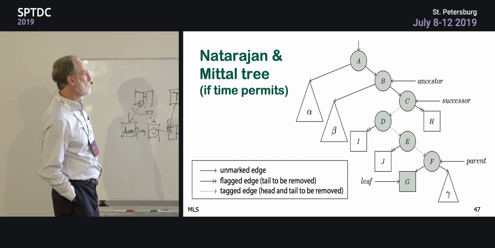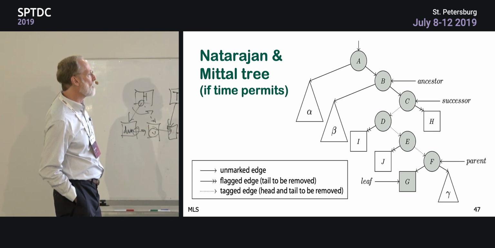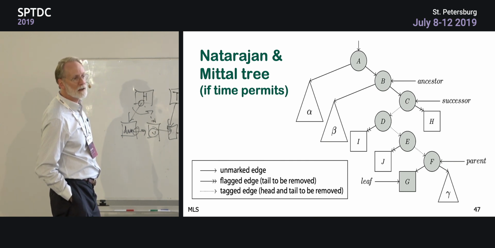In this particular case, I guess so, yeah. So we're probably trying to remove node G so that subtree gamma will become the right child of E. So I guess this is a deletion picture.